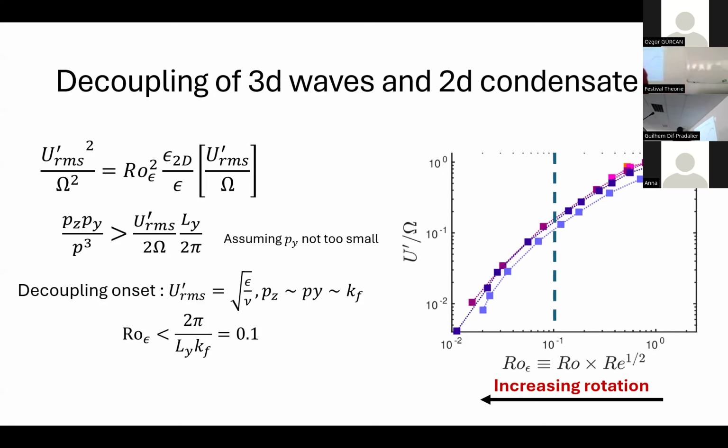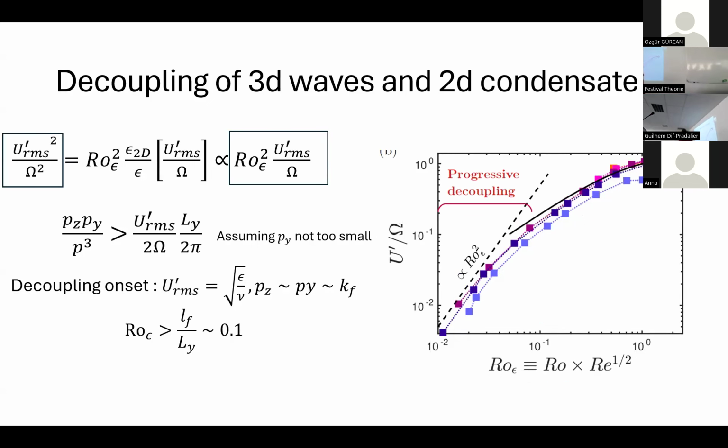So this means that I have to take Pz and Py to be the largest that I can. And if the largest that I can is not satisfied, then I get that all the modes transfer energy to compensate. And then that gives me epsilon, which is 0.1 for our system, but it depends on the ratio between the forcing scale and the box scale.